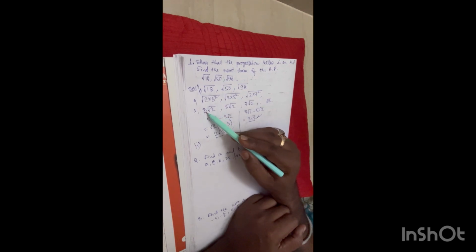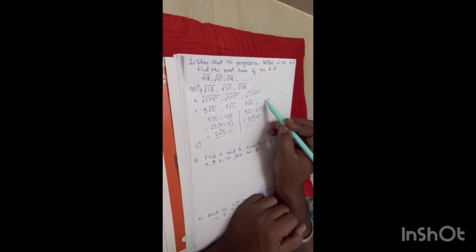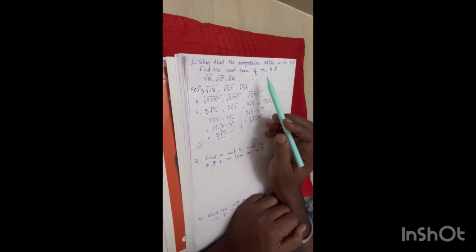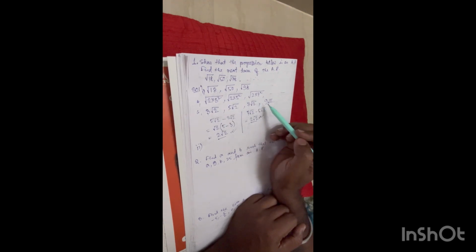So from 3 to 5, 5 to 7, then obviously the next term will be 7 to 9. There is no ambiguity in that. So easily, without even formulating, to find the next term, it will be the first, second, third and fourth term.